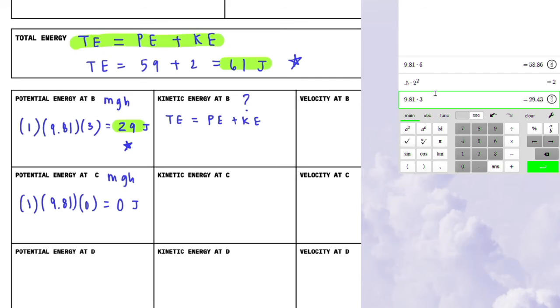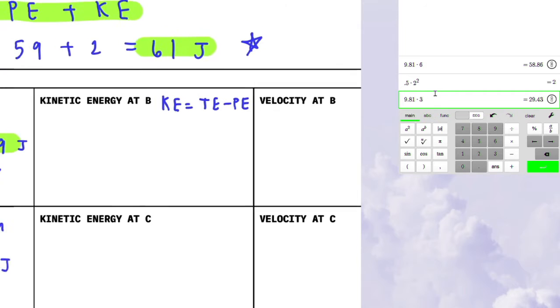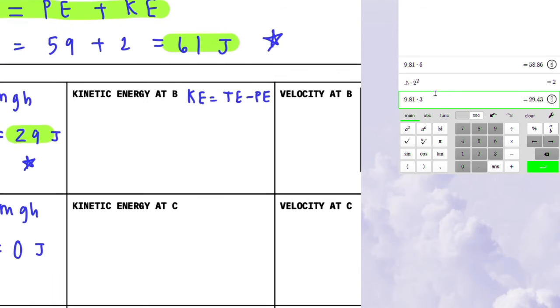And if we rearrange that to solve for kinetic energy, we just have to subtract potential energy on both sides. Just to make this cleaner, I'm going to erase that and rewrite it. There we go. So it's the total energy minus the potential energy is equal to kinetic.